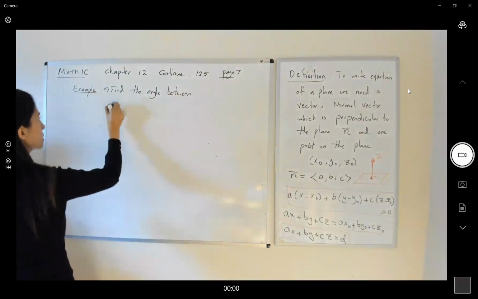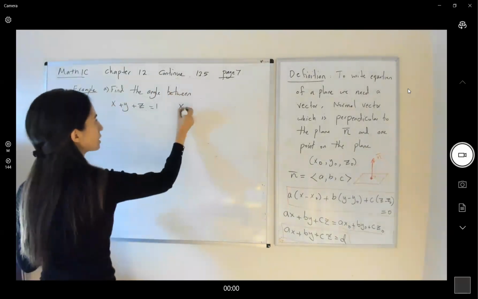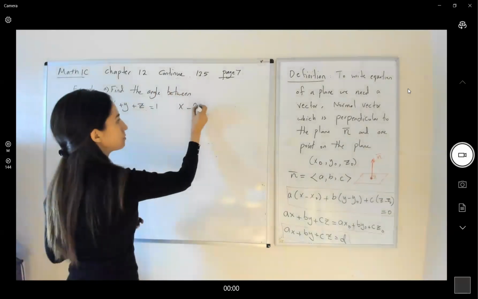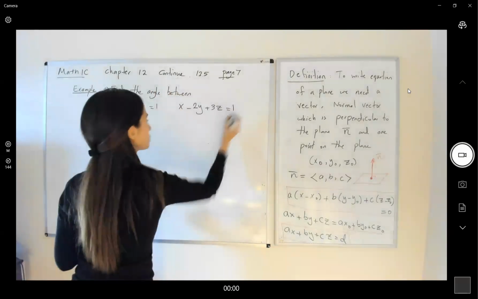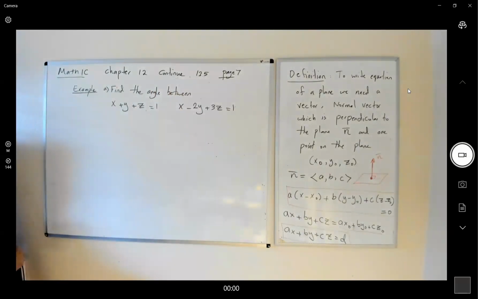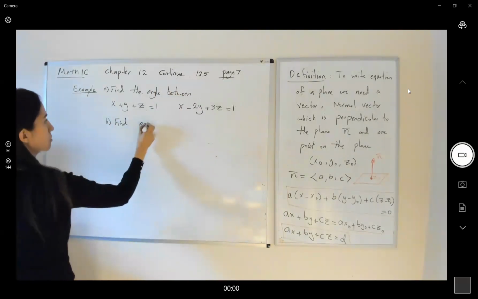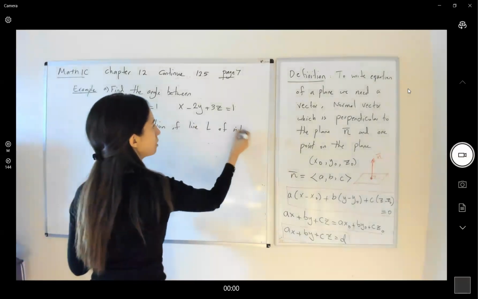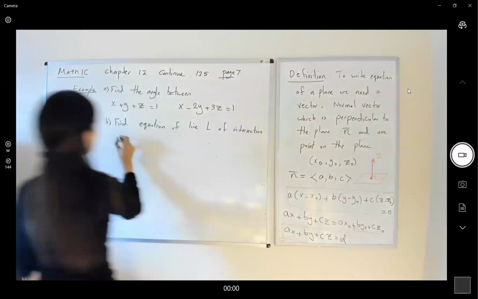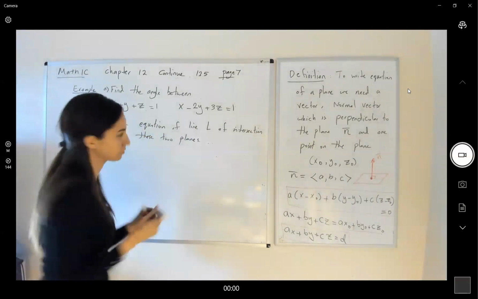The first one is x plus y plus z equals 1, and the second one is x minus 2y plus 3z equals 1. Then it says, find the symmetric equation or equation of the line L of intersection of these two planes.